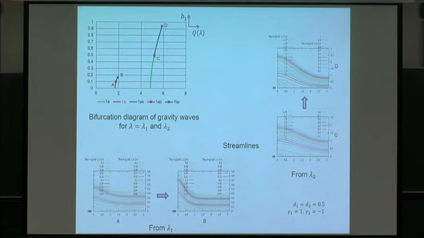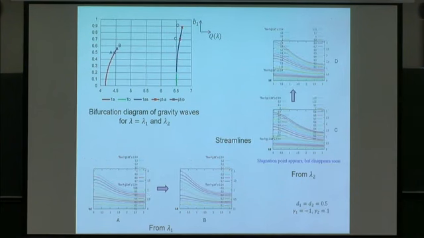In the previous example, the stagnation point appeared in omega 1, where gamma 1 is positive. So in this case, the stagnation point appears in the positive gamma region. And on the branch from gamma 1, we cannot find a stagnation point.